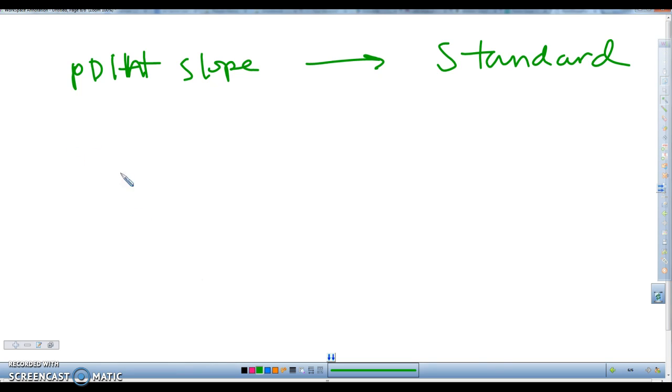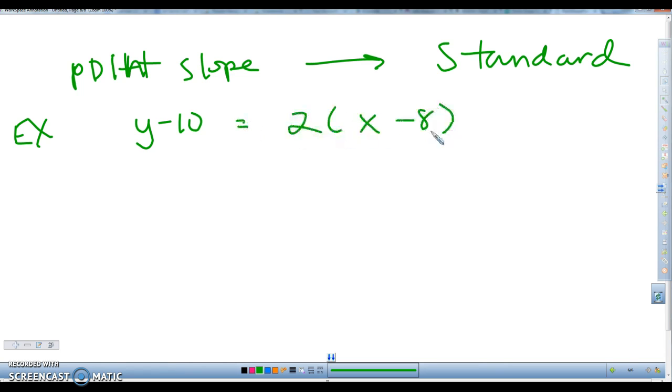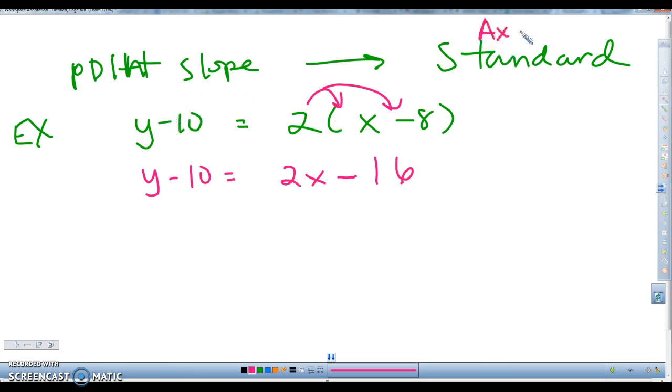Okay, so maybe I start out with y minus 10 equals 2 times x minus 8. Okay, the first thing I want to do is use one of my favorite properties, and that is the good distributive property. So I'm going to distribute that 2. Y minus 10 equals 2x minus 16. Then you'll notice standard form, which was the ax plus by equals c.